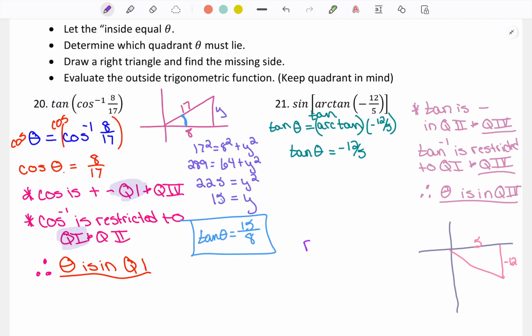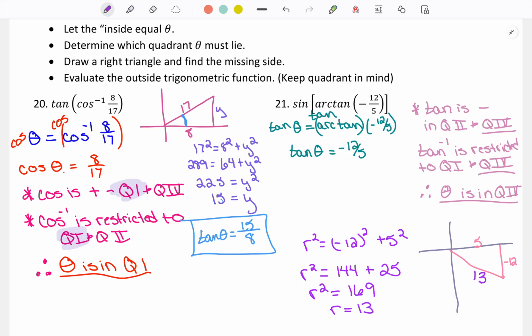So r squared equals negative 12 squared plus 5 squared. And we have 144 plus 25. So r squared equals 169, and r is equal to 13.